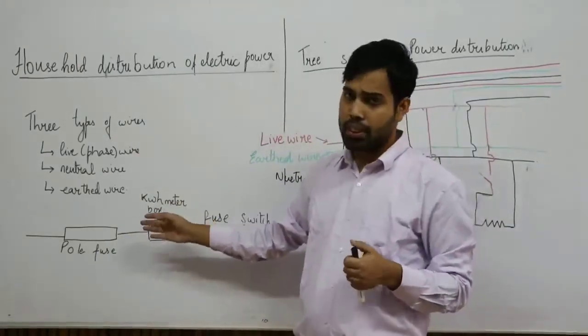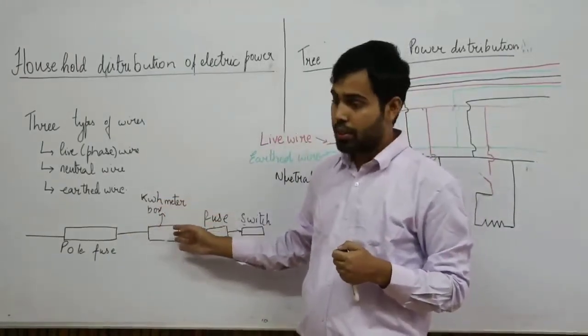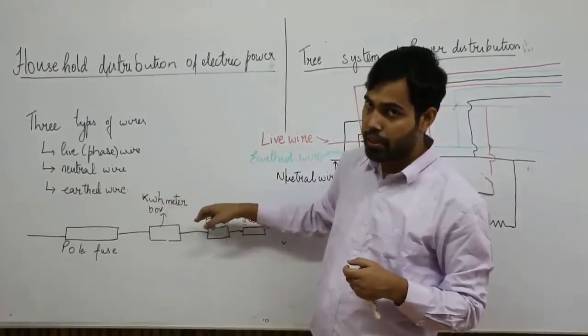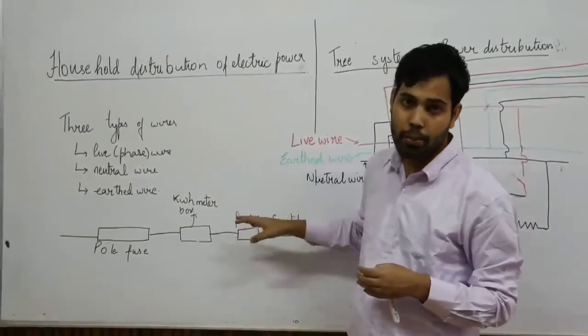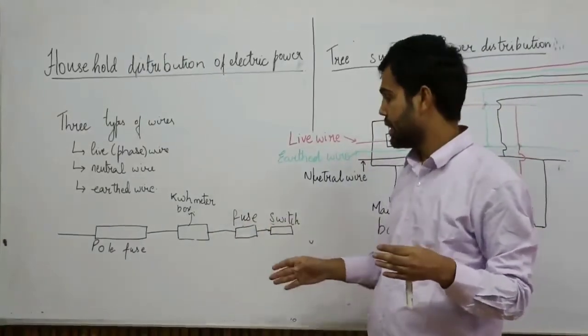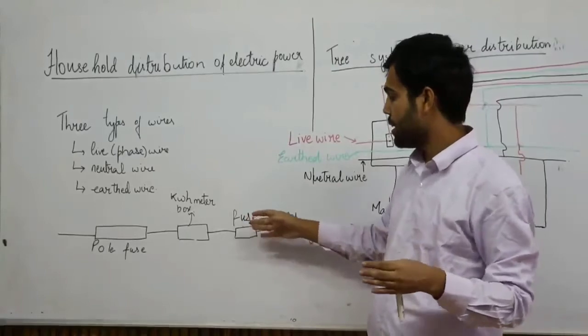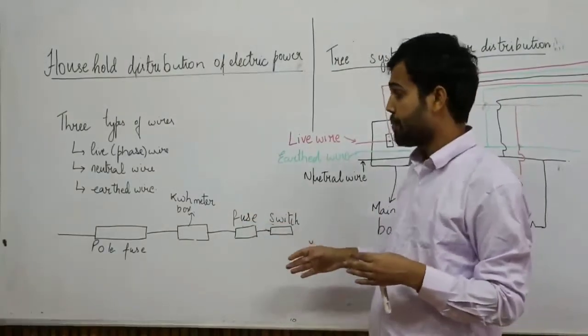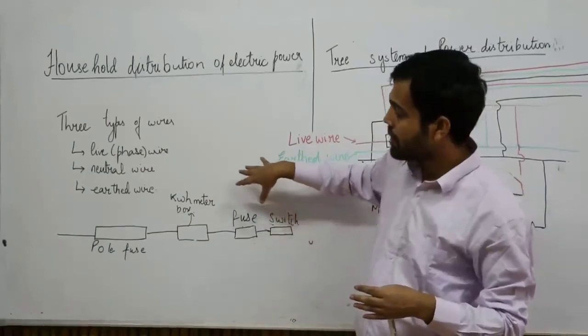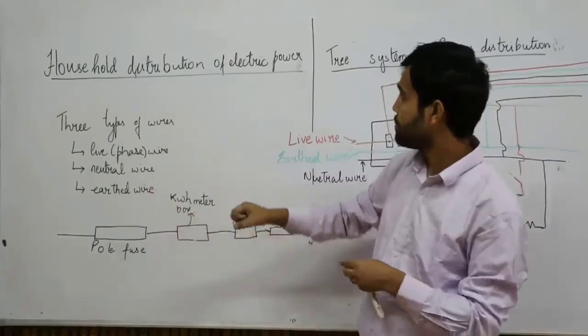Then it moves into a kilowatt-hour meter box. Then the wire which comes out from the meter box has to pass through an electrical fuse, the fuse that we have discussed earlier, and then from here it is connected to a switch. So this is how wires are connected in our houses.